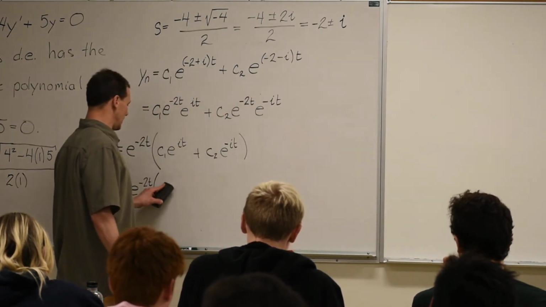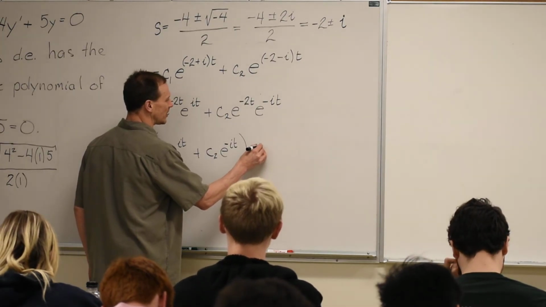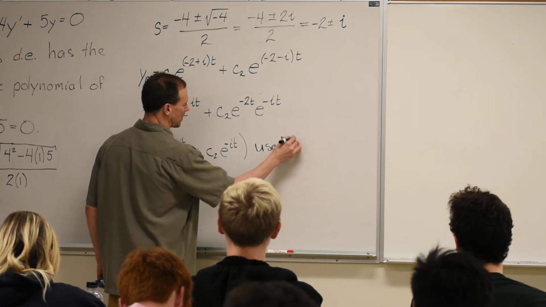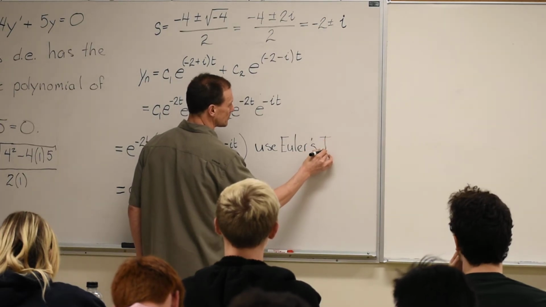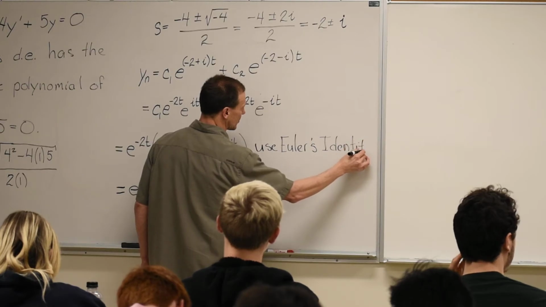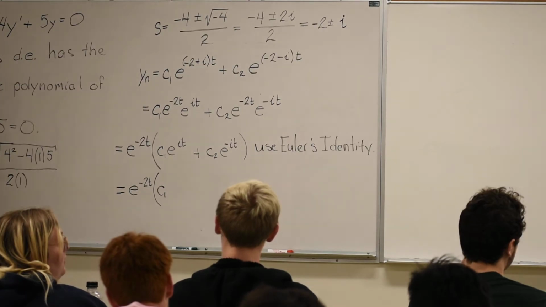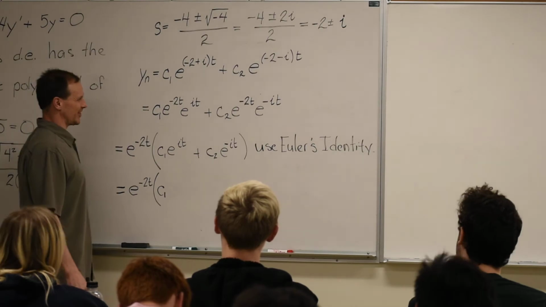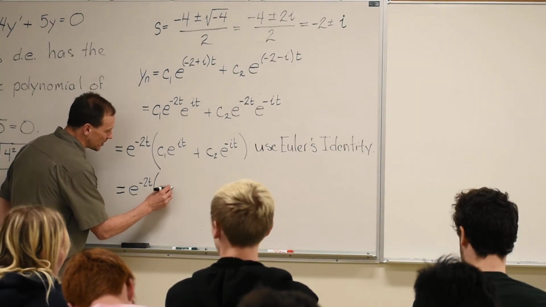This is Euler's identity. So I'm going to even note that here. I think a few of you on the test were still struggling with that. Use Euler's identity. So this is C1 cosine.